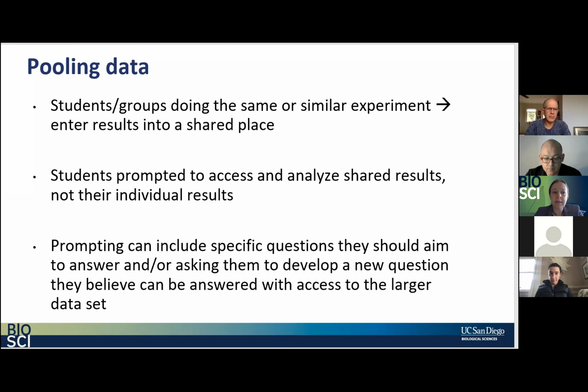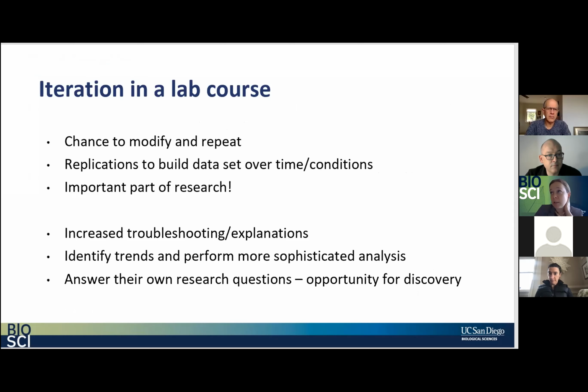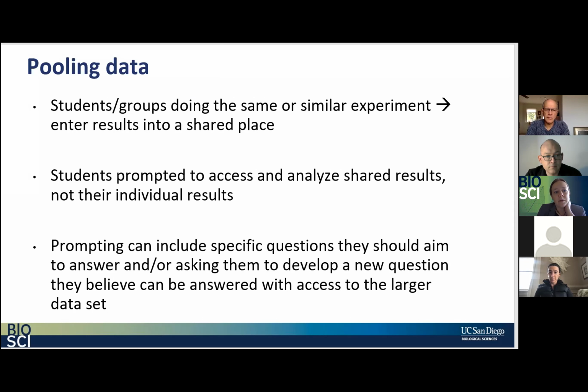And so because of the constraints of our normal course in terms of time and resources, adding some form of iteration by pooling the data has been our goal. What I mean by that is where students or student groups generate some results from their own experiment, but they enter those into some sort of shared space.